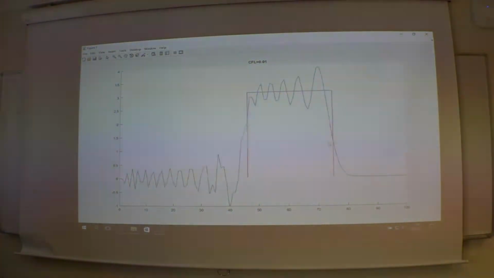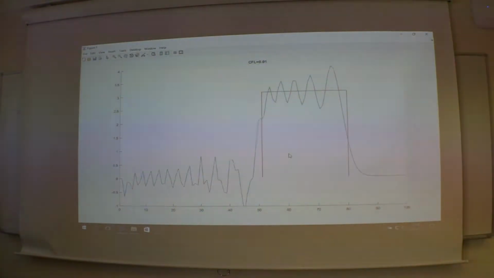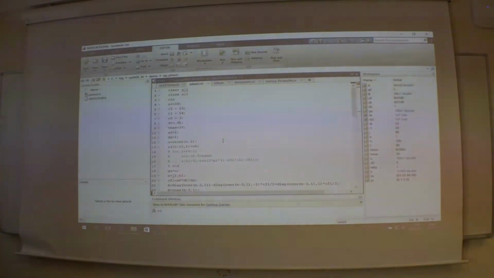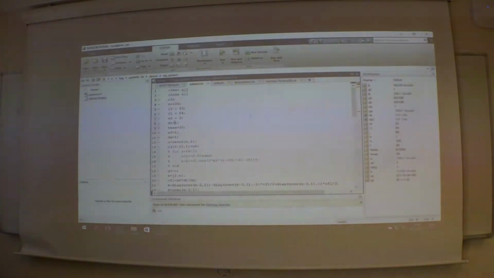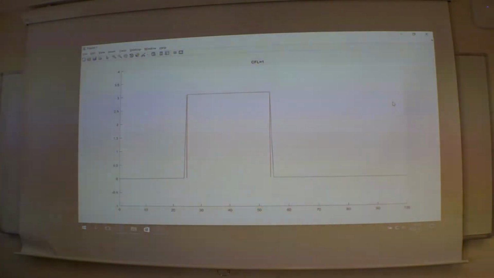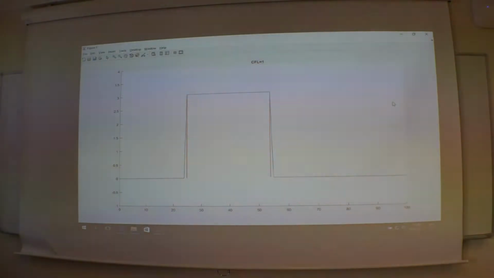If, in desperation, you try to go the other way and make delta t bigger, now I have a CFL equal to 1. I'm just on the safe limit.